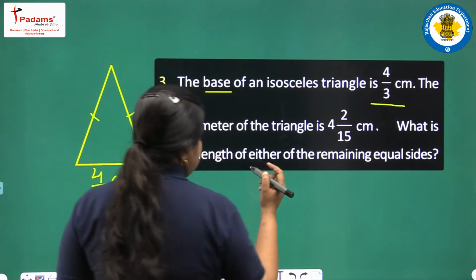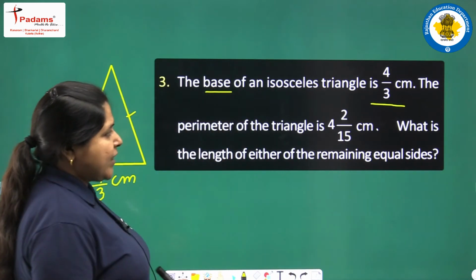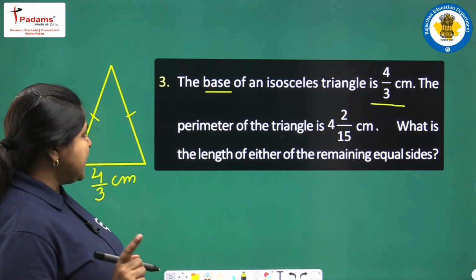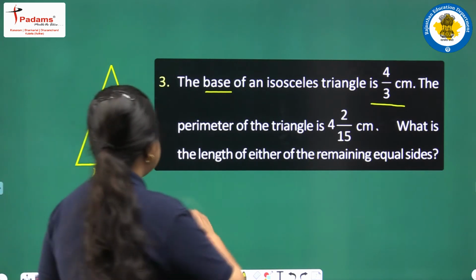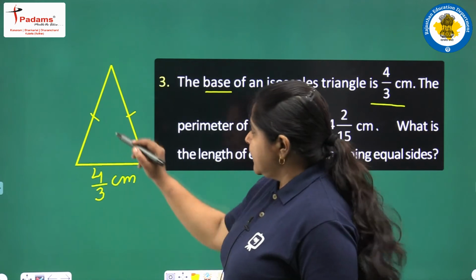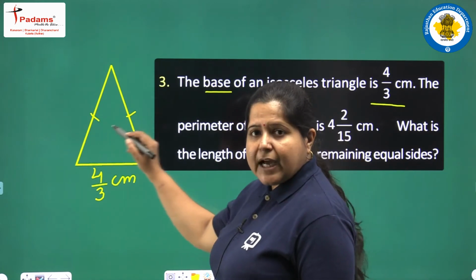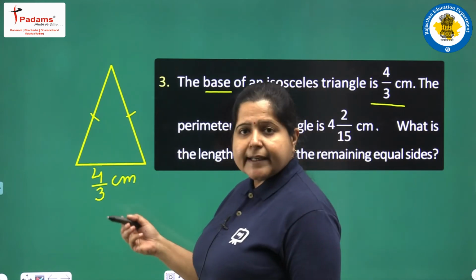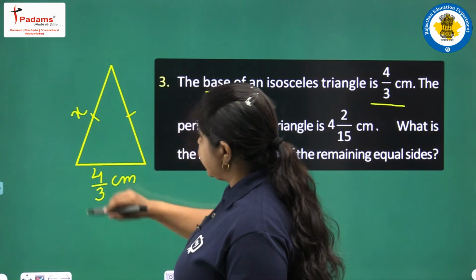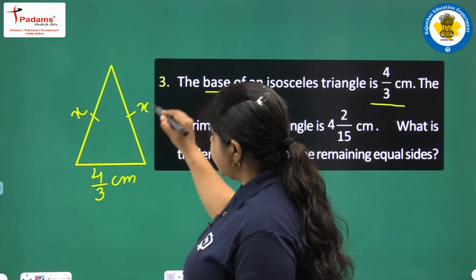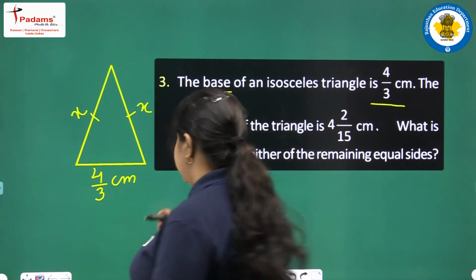Next we have been asked the length of either of the remaining equal sides, given the perimeter of the triangle. That is, we have to tell the length of these two sides which are equal. Let us take it to be x. So, if this side is x, then this side will also be x centimeters. We write it here.